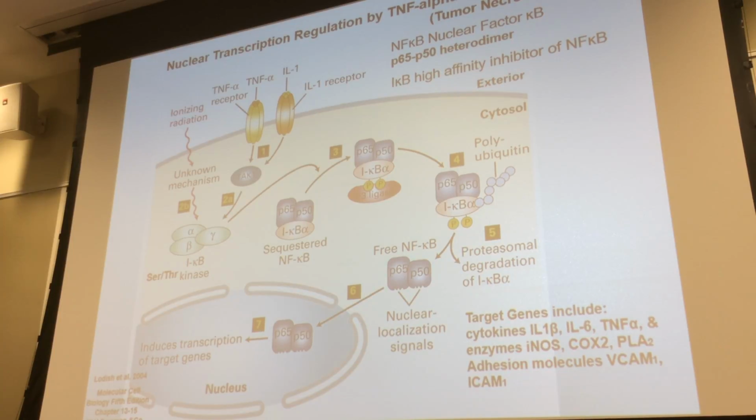Cyclooxygenase 2. You all know what COX-2 is? It makes prostaglandins. So your non-steroidal anti-inflammatory drugs, your NSAIDs, all work by blocking it.